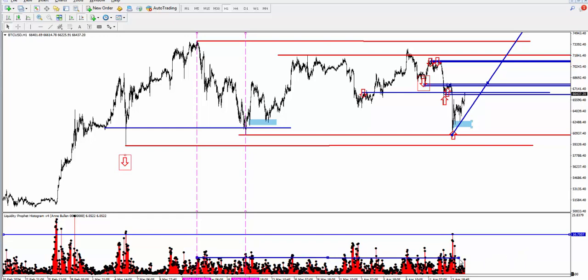And that is the sort of liquidity that I would be looking to actually see to suggest that a turn might take place. Now, even if we got a move that was similar to that one, we would expect it still to retrace and pull back and all the rest of it.